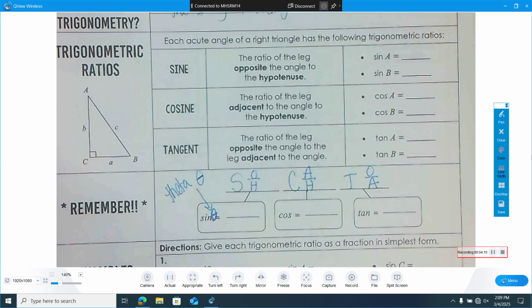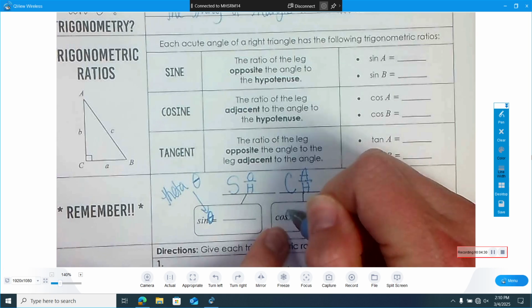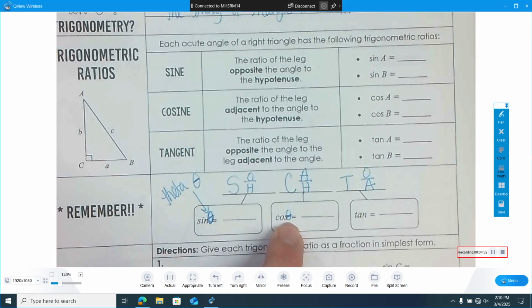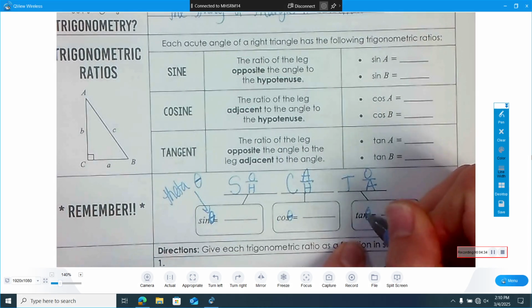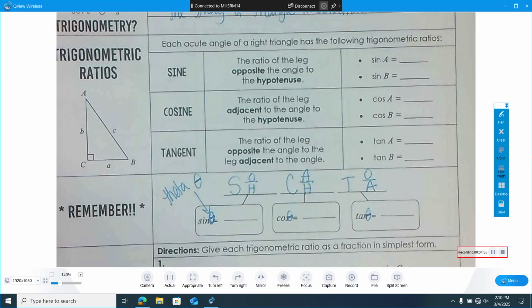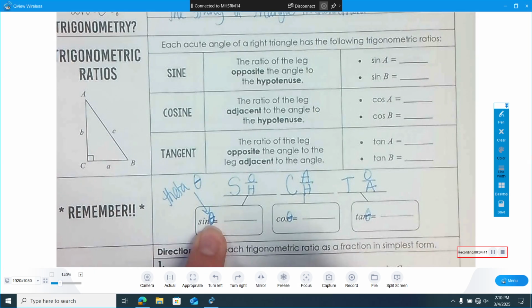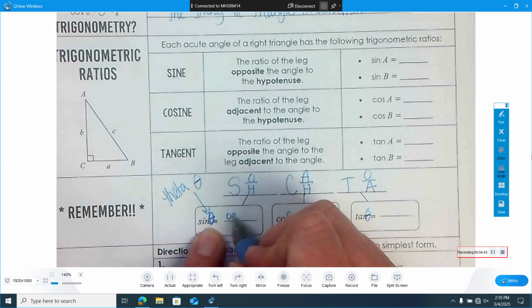We cannot figure out the opposite and adjacent without knowing where we are looking from. They change based on where you're looking from. So it's really important that you always have sine of some angle, cosine of some angle, and tangent of some angle, in this case theta. So sine of an angle would be the opposite over the hypotenuse.